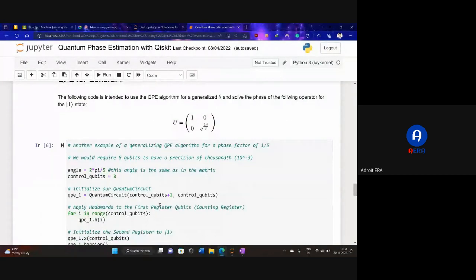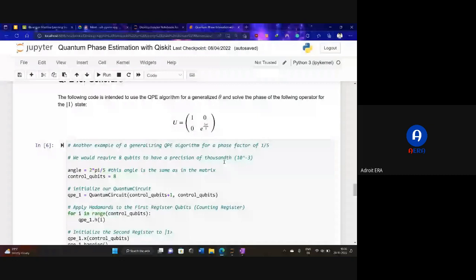So in this, we define our control qubits. You can take the number of control qubits according to the precision you want to obtain, right? So what we are going to do is take the control qubits as eight qubits to have a precision of 1,000, because remember, in binary the number five itself is represented using three bits, right?